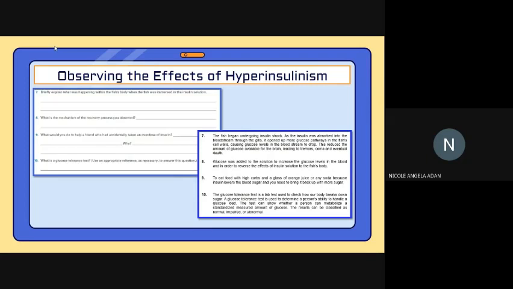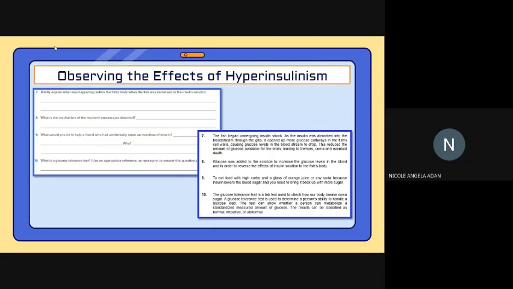I would advise them to eat food with high carbs and or drink a glass of orange juice or any soda, because insulin lowers the blood sugar and you need to bring it back up with more sugar in order to balance the blood sugar in the body.